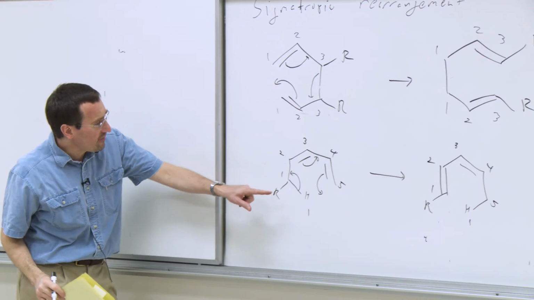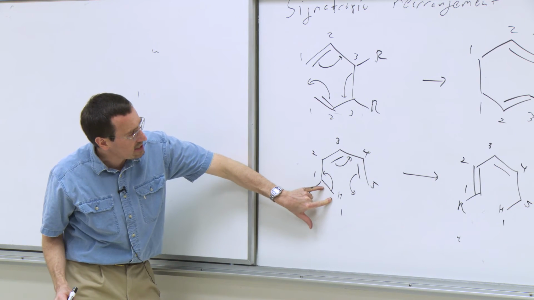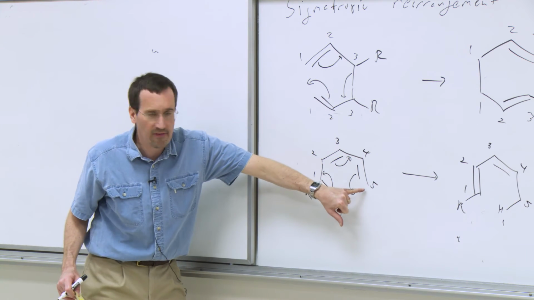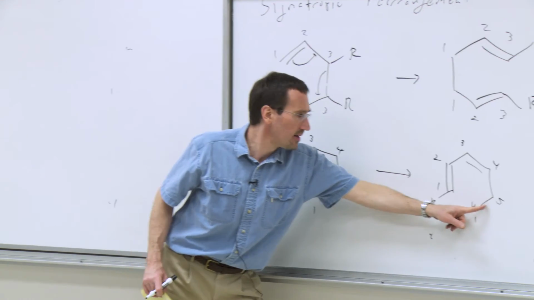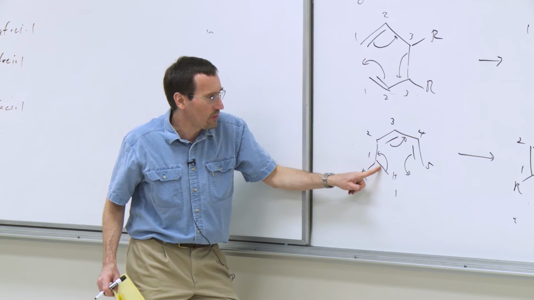And basically, if you look at this, the sigma bond on this side skates over 1, 2, 3, 4, 5 atoms to arrive over here. And on the other side, the sigma bond just skates over the one hydrogen.